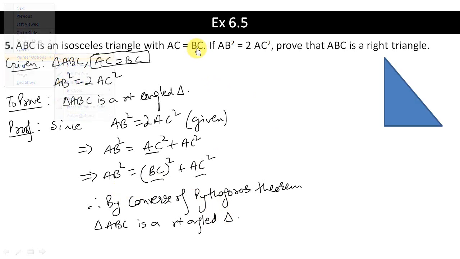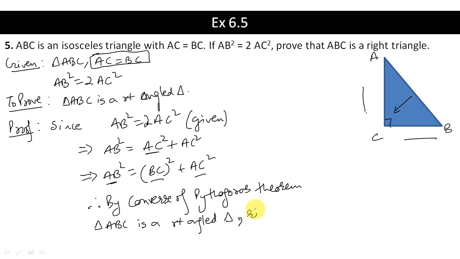Since AB square is equal to BC square plus AC square, AB will be the hypotenuse. Angle C, which is opposite to the hypotenuse, will be the right angle, because BC square plus AC square is equal to AB square. So the angle opposite to the first side, that is AB, will be a right angle. So triangle ABC is a right angled triangle, right angled at C.